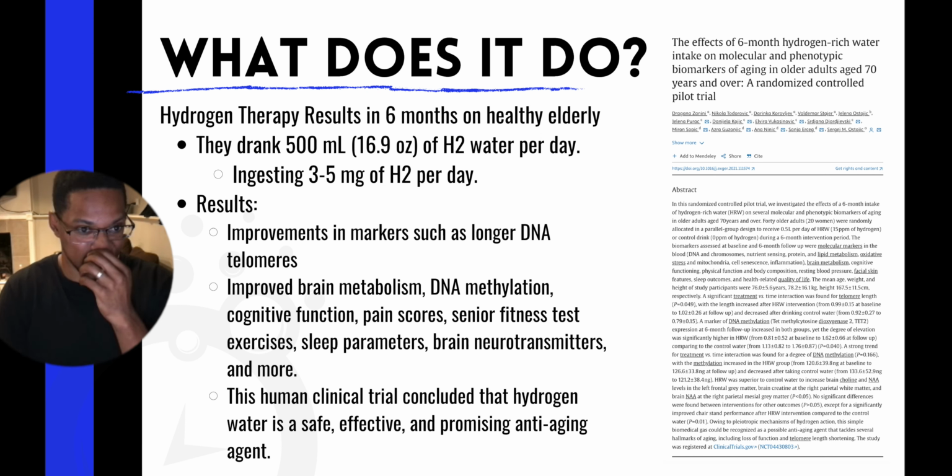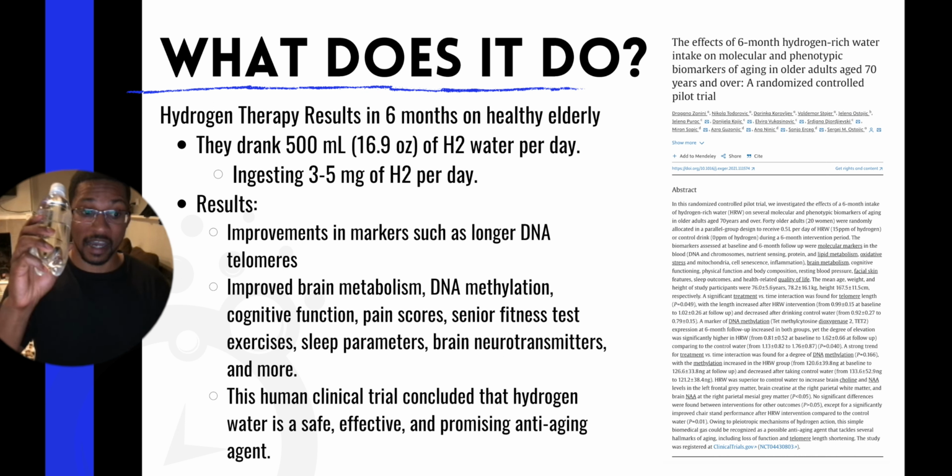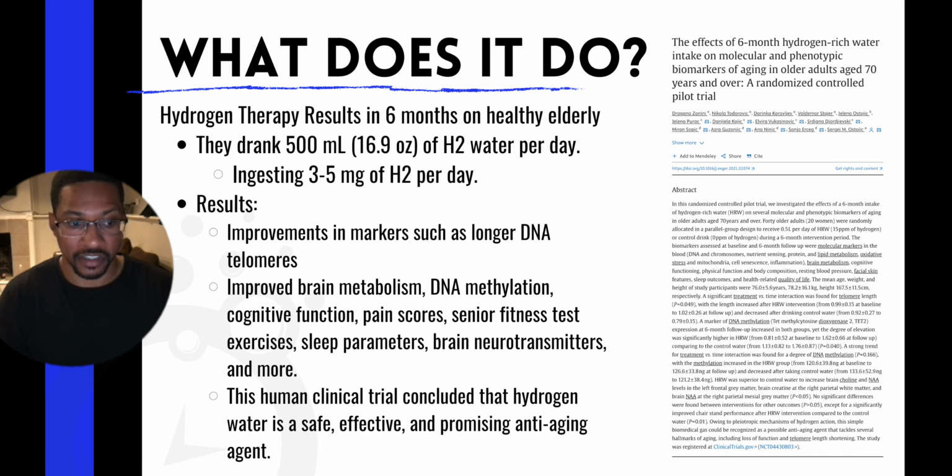So the results of this study, like I said, are that they drank 500 milliliters of water per day, ingesting 3 to 5 milligrams of H2 per day. So it was a high concentration of hydrogen gas dissolved into the water. The results were improvements in markers such as longer DNA telomeres.